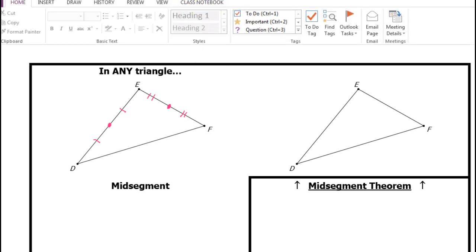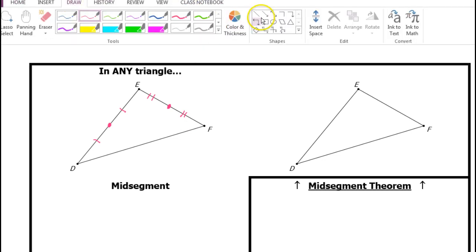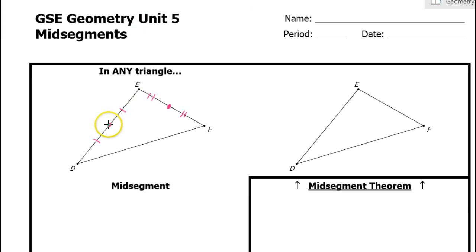Then the segment joining those midpoints would be called a midsegment. So if I call this MN, then segment MN is a midsegment.